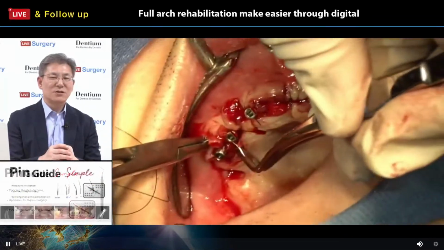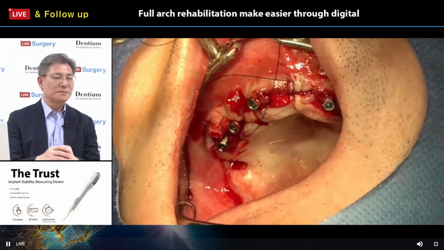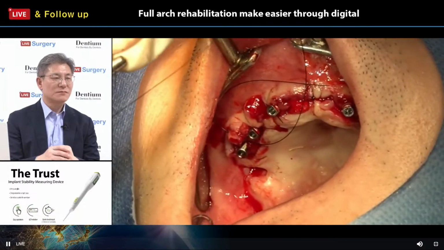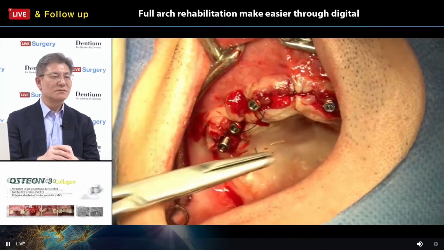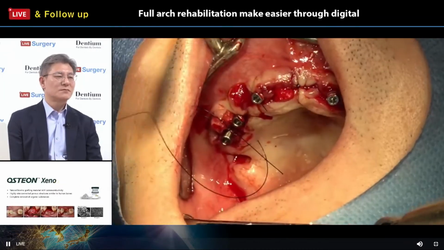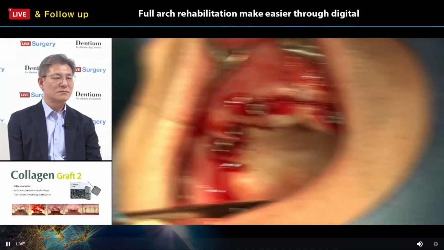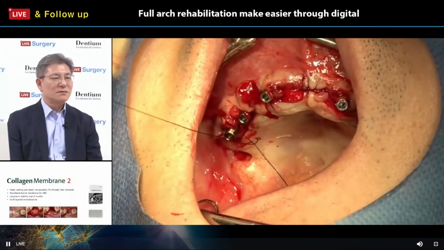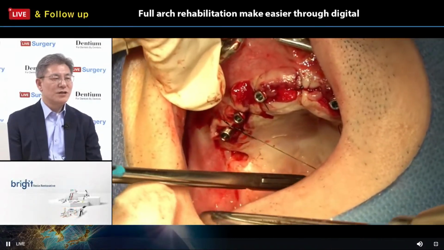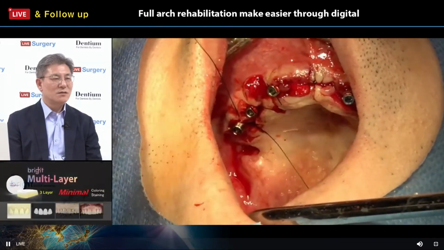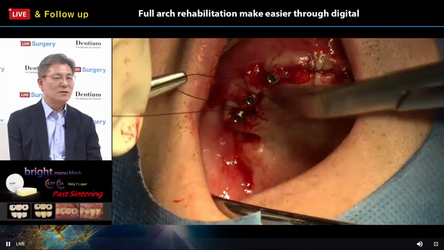And Dr. Chung showed us about this number 25 area. Yeah. Now he is suturing the whole reflected flap.